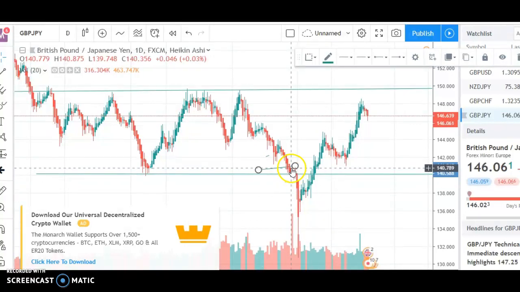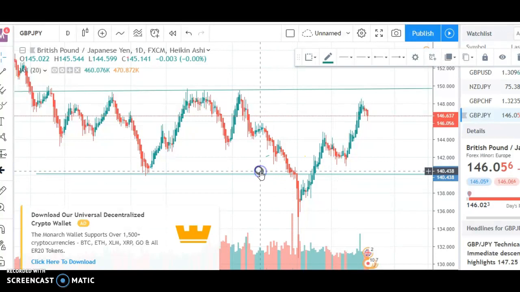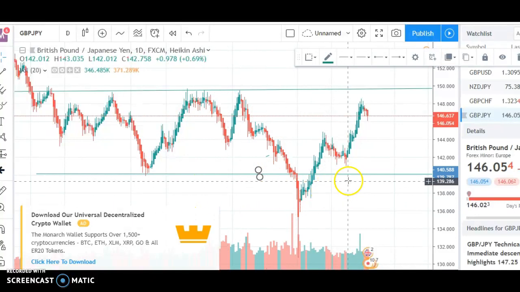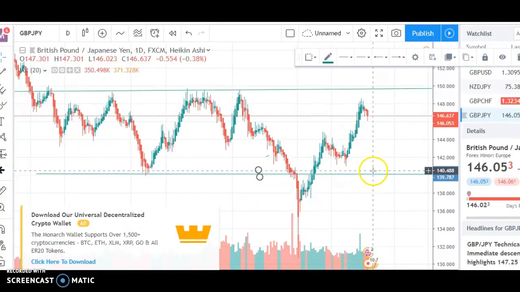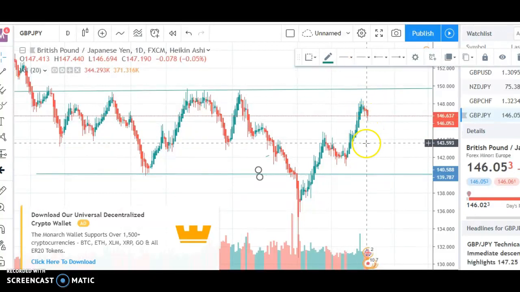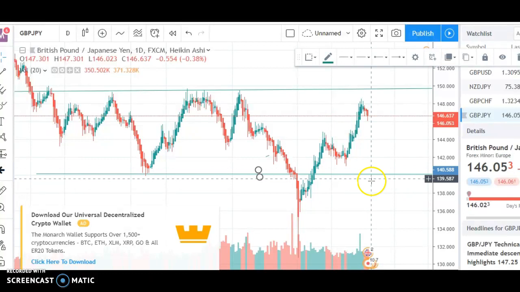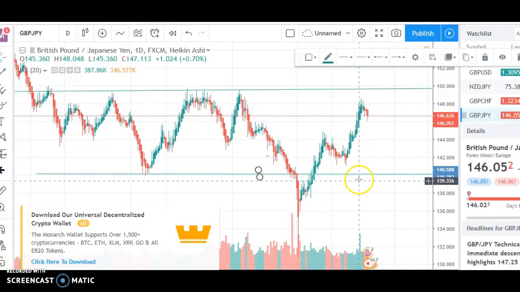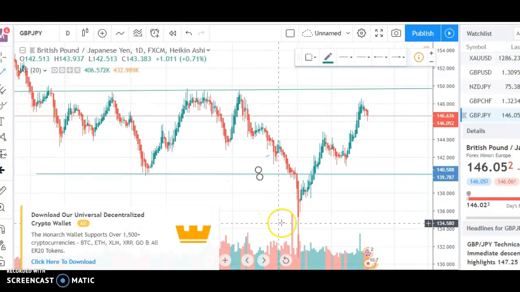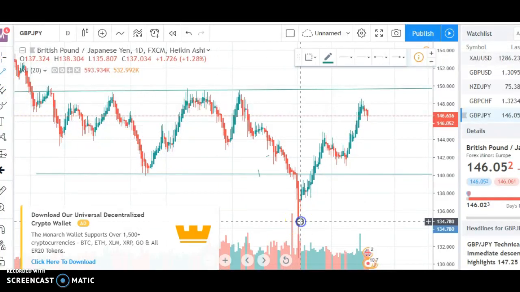Because it didn't hit here, it's coming down here. This way it's heading to. When it hits here, then it's going to go. If it hits here and breaks it again, that means it's going to come down here.